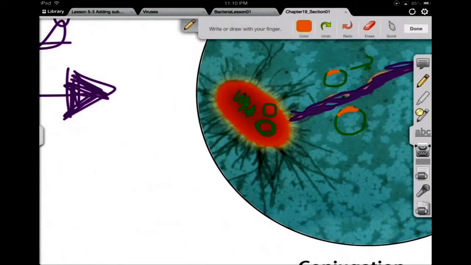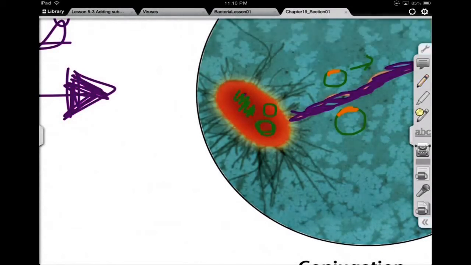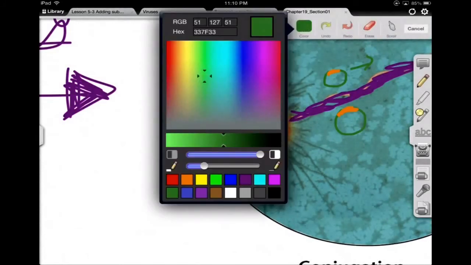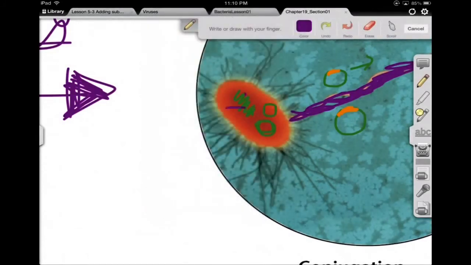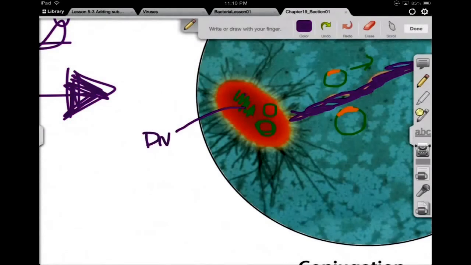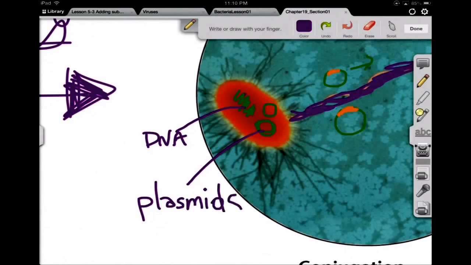So there's extra little bits of genetic material you have to be aware of, not just the DNA, but these little bits that we call plasmids. And boy, do they get hot swapped. Because bacteria are doing their best to survive.